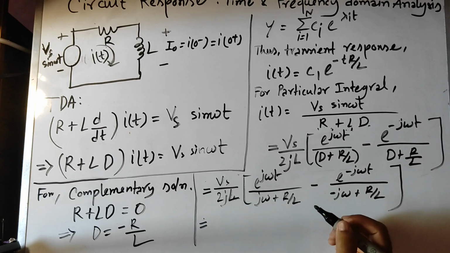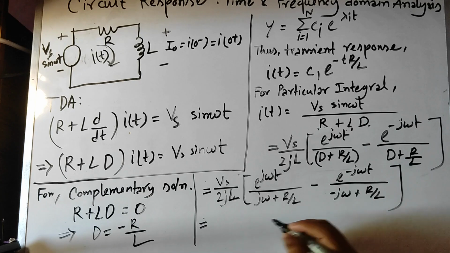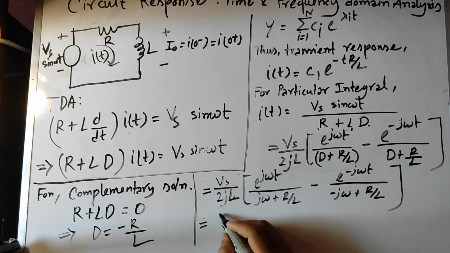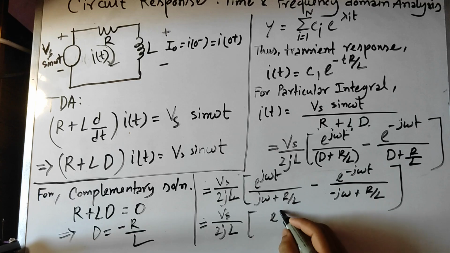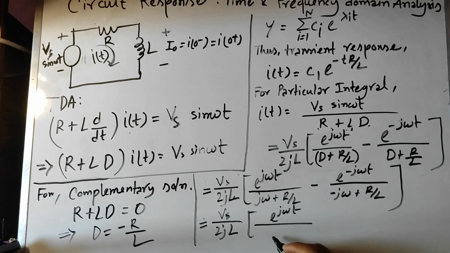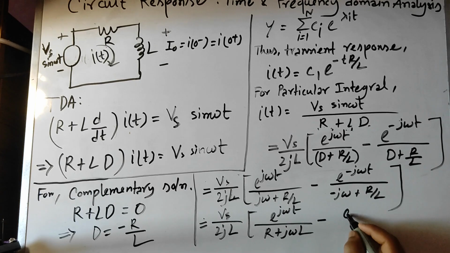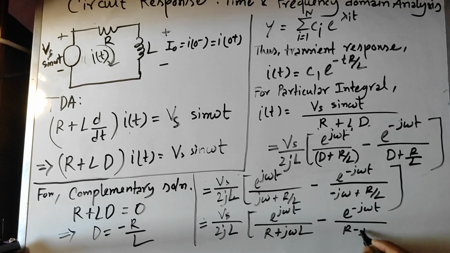Which will give Vs by 2jL, e to the power j omega t by (R plus j omega L) minus e to the power minus j omega t by (R minus j omega L), and we have L. If we take the common term L from these two, it cancels out.